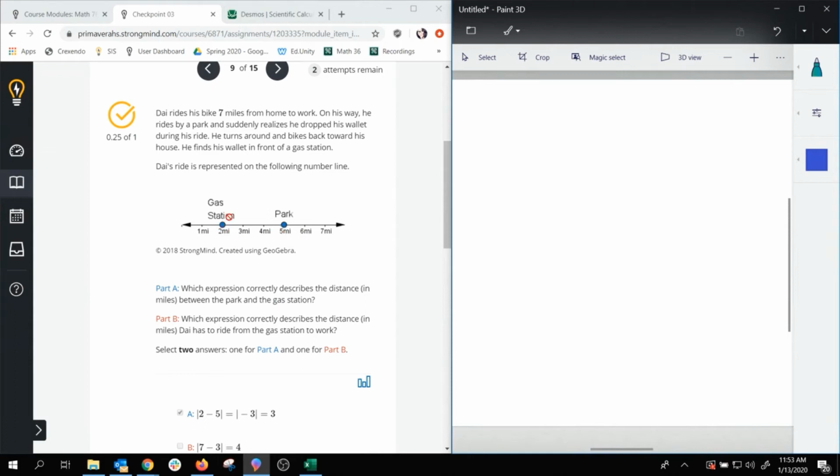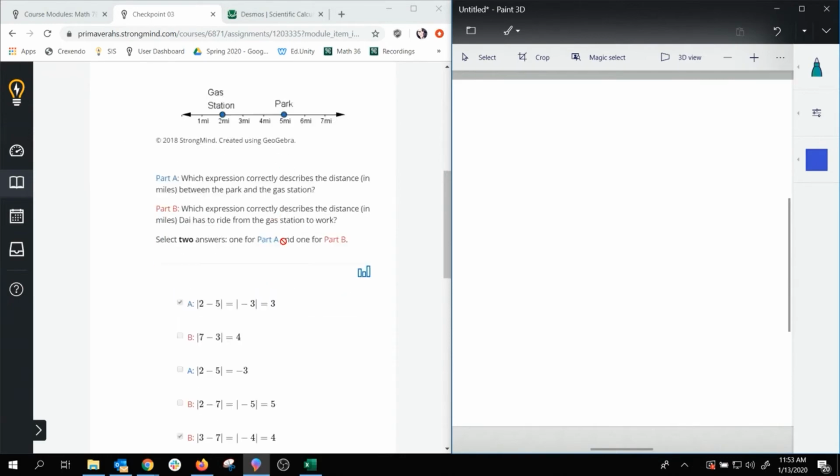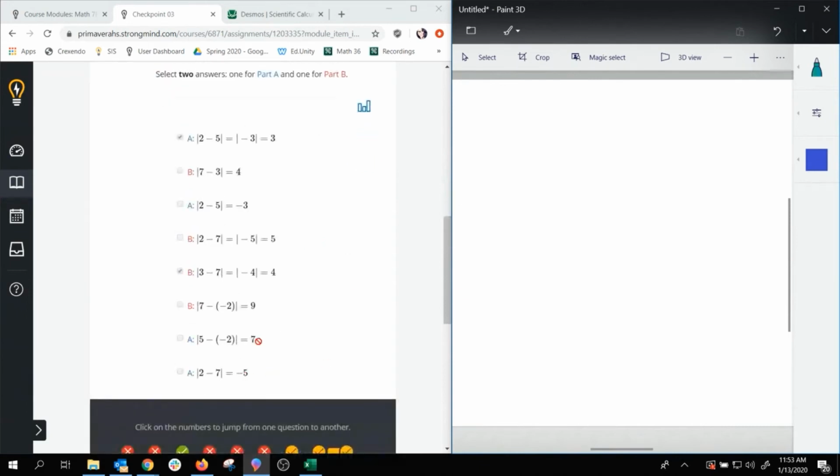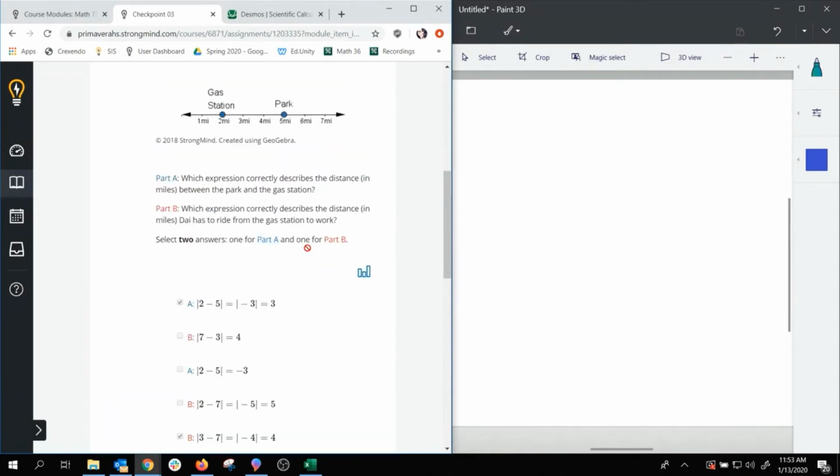If the gas station's at 2 miles and the park is at 5 miles. 3 miles, right? So for A, I want to pick one that has 3 miles. And if I look here, all the ones for A have different answers, except for this one, which you chose, which is 3. So that's perfect. B says, which expression correctly describes the distance in miles Dai has to ride from his gas station to work?